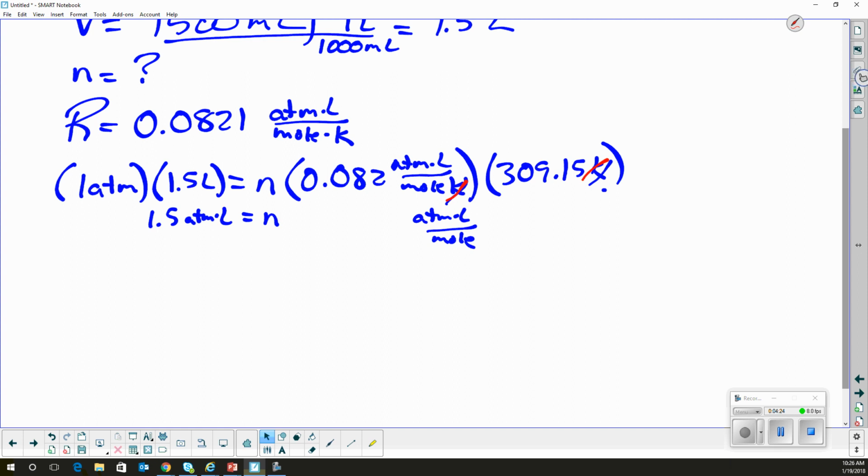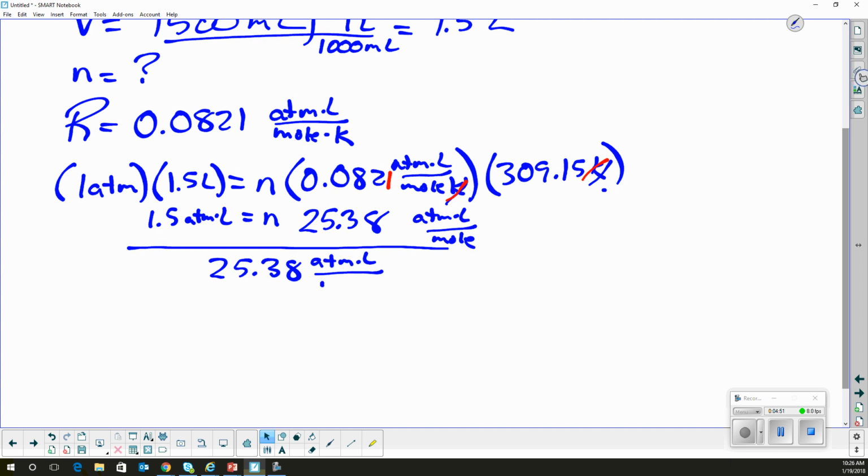So if I take a calculator here and we go 0.0821, that should be a 1 there, times 309.15, I get on this side 25.38, and then I would divide both sides by 25.38 atmospheres times liters divided by mole.